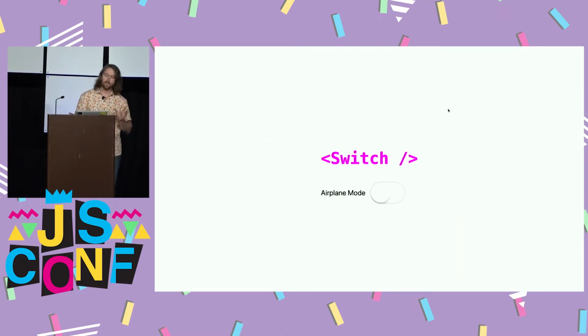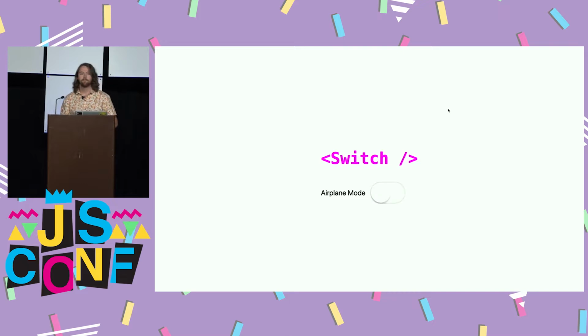So let's start with just this simple example of a component, and then we'll get on to the API stuff. So here we have a switch component. This switch component has a label. It has some state, whether or not it's on or off. And it has some presentation to it. You know, when it's on, it's green.